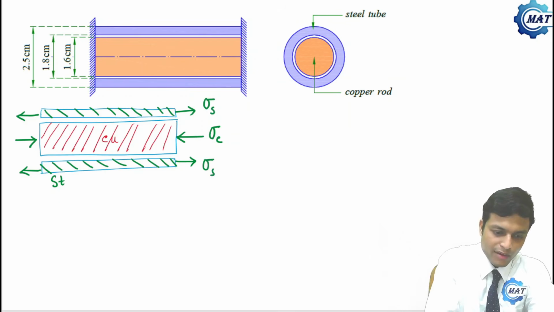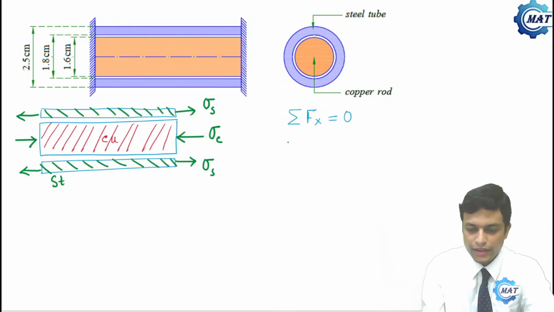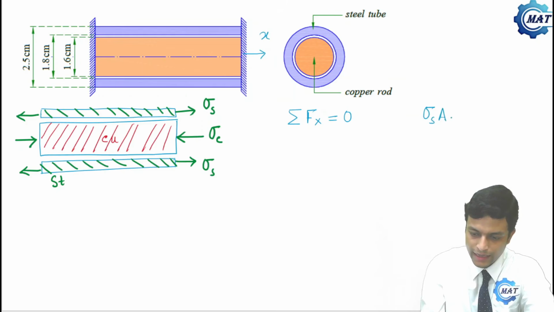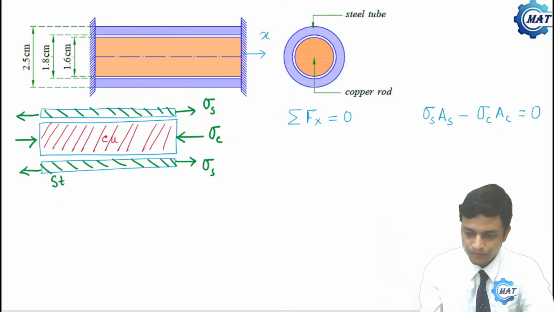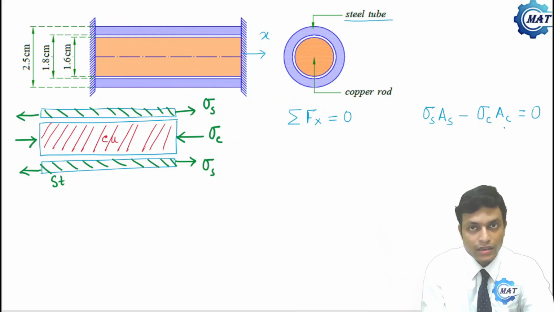Now at equilibrium, the summation of forces along the longitudinal direction, the x direction, is 0. So we can write sigma S AS minus sigma C AC is 0. AS is the cross sectional area of the steel tube, and AC is the cross sectional area of the copper rod.